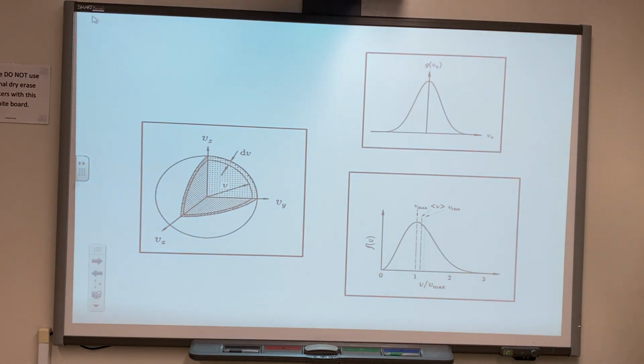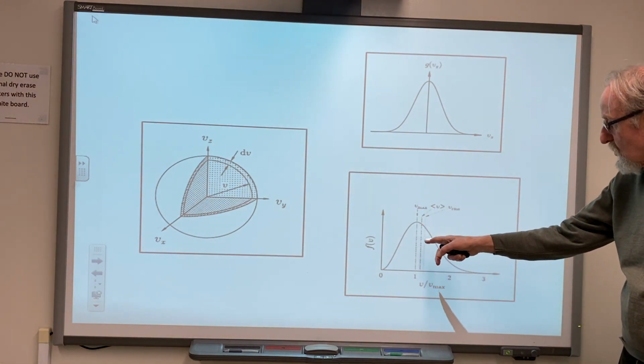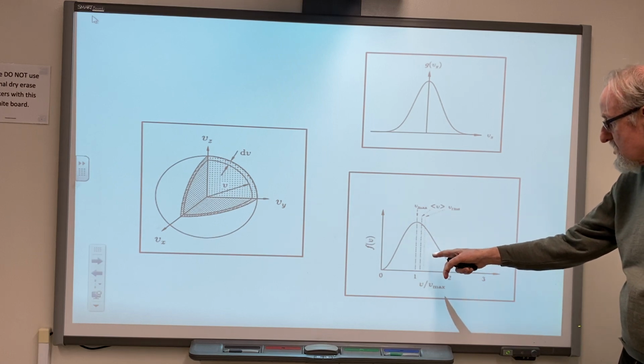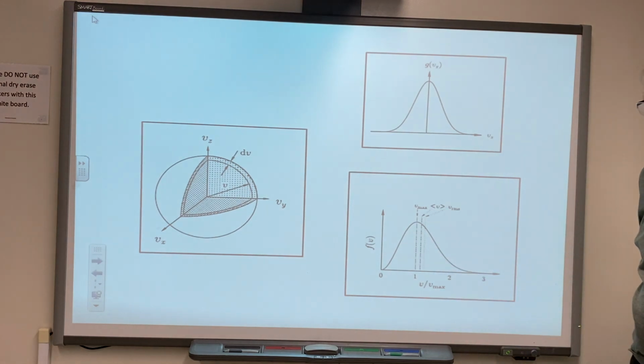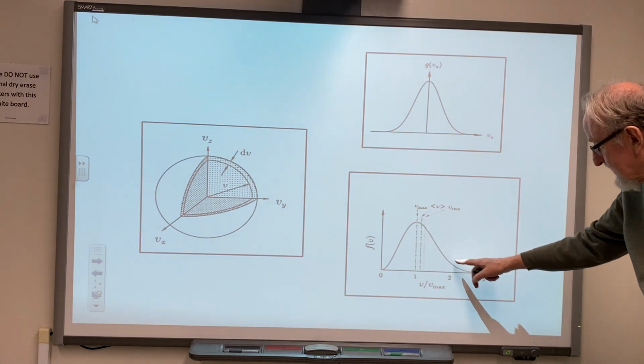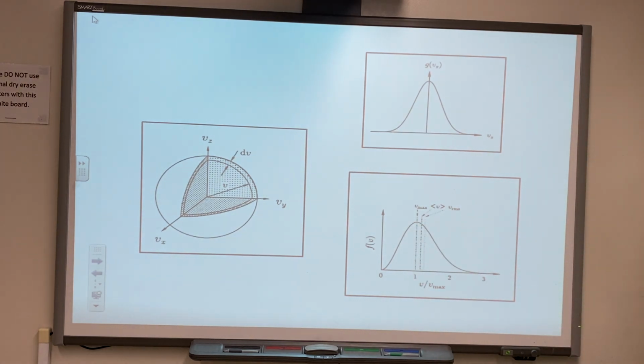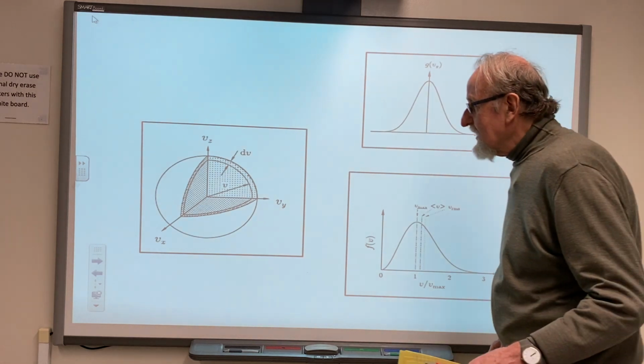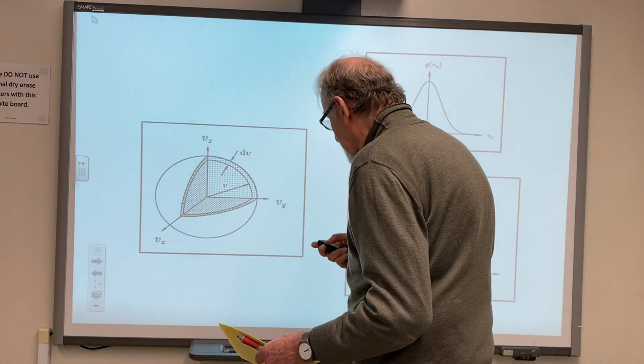I will show you exactly what is shown here, that the maximum is in one place, but the average speed is in another place, and the root mean square is in another place. We'll show that. But the point is that this is a distribution that is not symmetric.